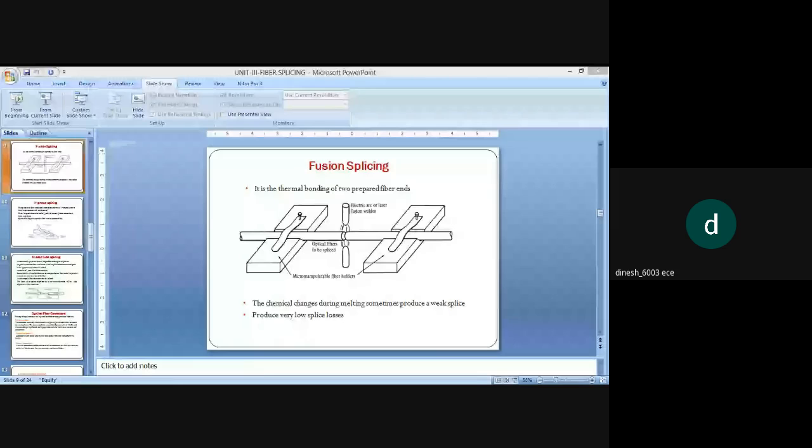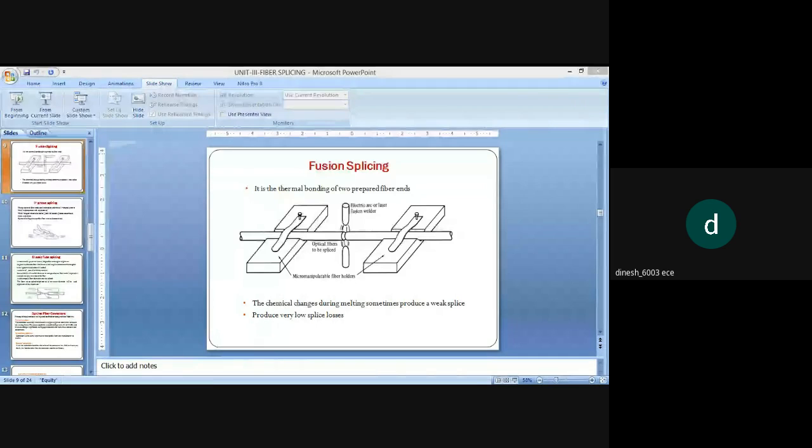Next is the elastic splicing. So in this elastic splicing we have two fibers, already inserted into a tube with a larger diameter, to be spliced, having a diameter less than that.